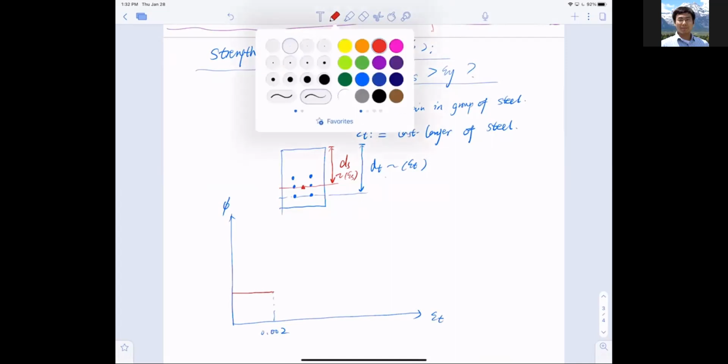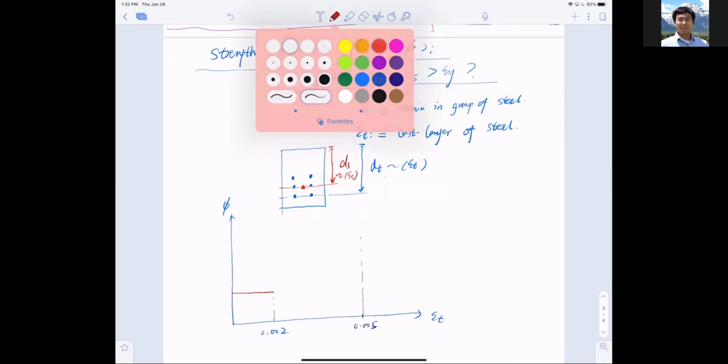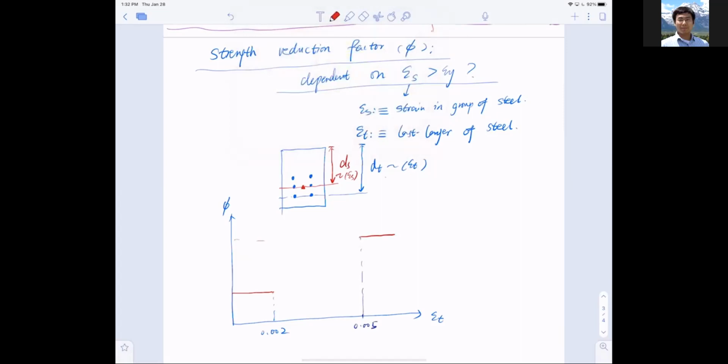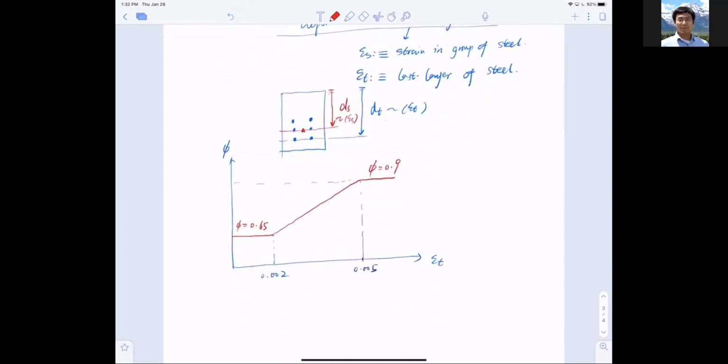And if epsilon t is around 0.005 right here, we have another set of phi. This value right here, phi equals 0.9, and this value here, phi equals 0.65. In the middle, we do linear interpolation, meaning a straight line.